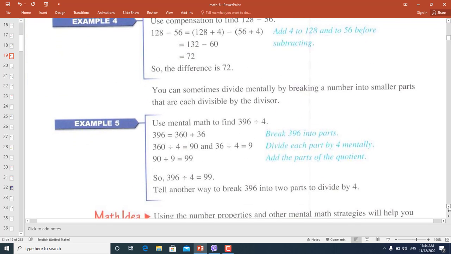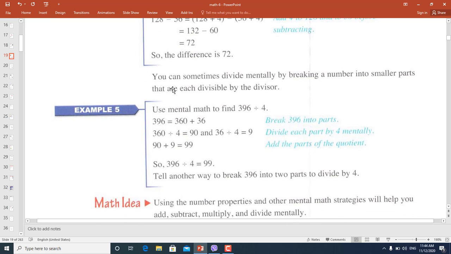You can sometimes divide mentally by breaking a number into smaller parts that are each divisible by the divisor. From example 5, we have 396 divided by 4. So this 396 is a big number. We can make it into two parts. It will be easier to divide by 4.